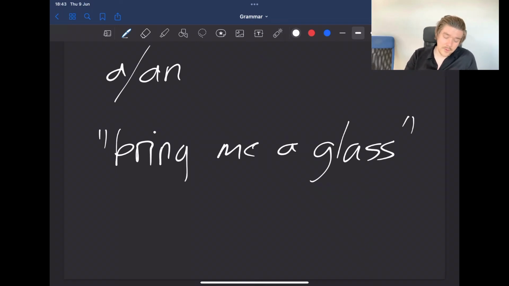Now we are no longer really concerned with which specific glass we're getting. We're only asking for any type of glass. And that means we are unspecific. And as long as we get a glass, then we have gotten a glass.